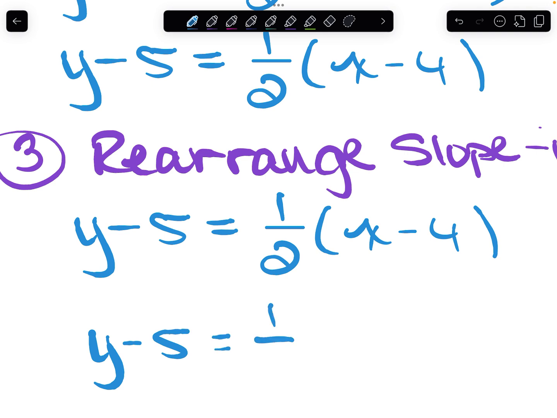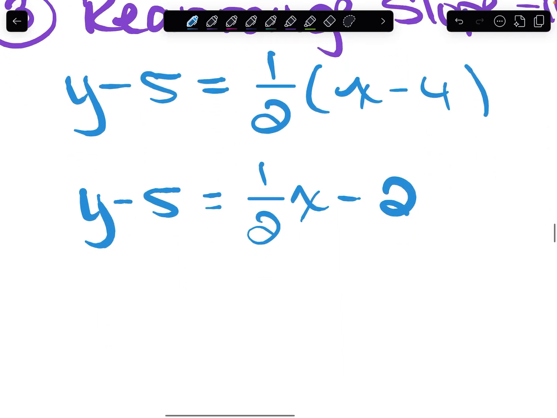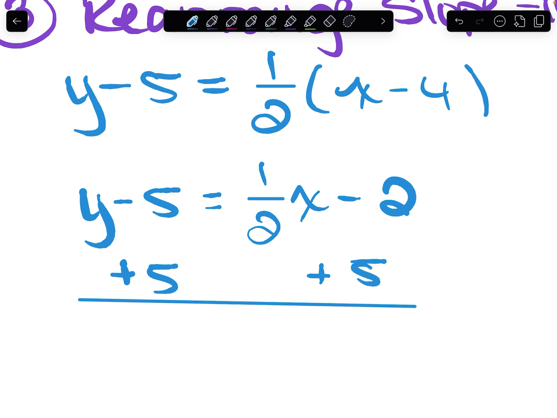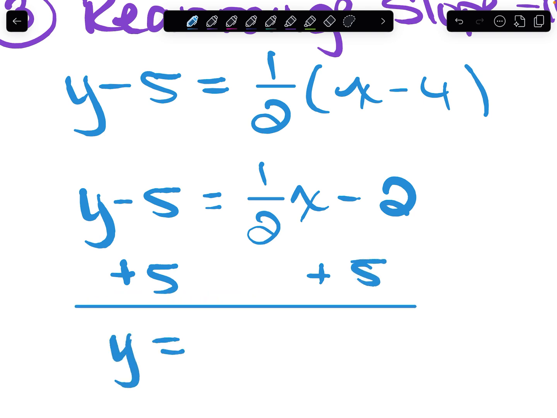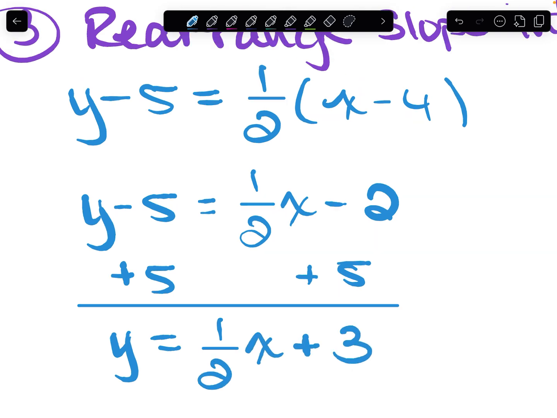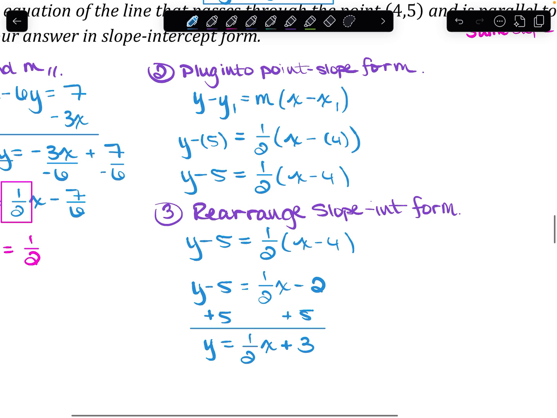That is going to be 1/2 x minus 1/2 times negative 4, which is negative 2. And then we're going to add 5. So we get y equals 1/2 x, negative 2 plus 5 is 3. There is the equation of our line in slope-intercept form.